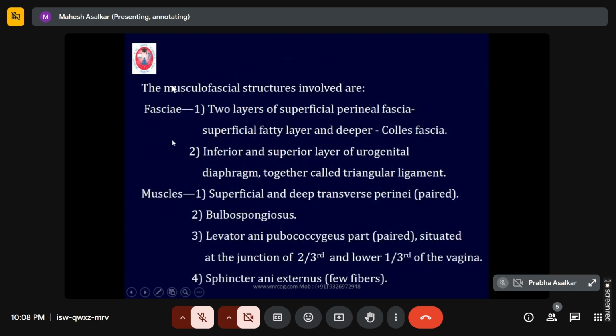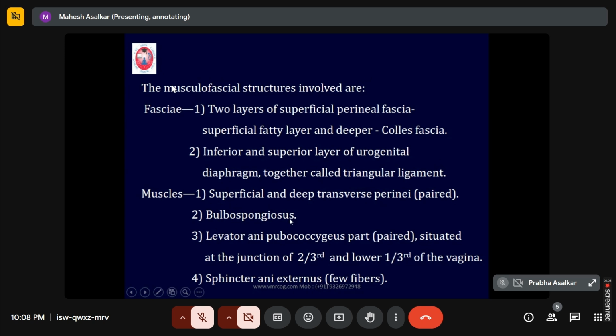Okay, now coming to the musculofascial structures involved. So the fascia are two layers of the superficial perineal fascia, that is the superficial fatty layer and the deeper one, that is the Colles fascia. Then the inferior and superior layers of the urogenital diaphragm, together called the triangular ligament. Then coming to the muscles, you have the superficial and deep transverse perineum, which are paired.